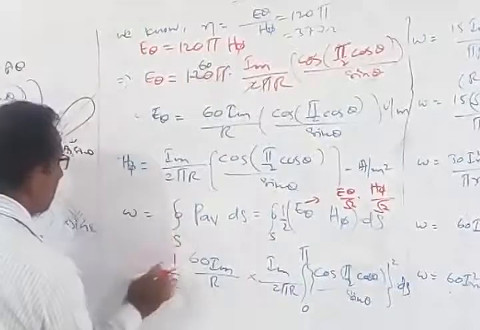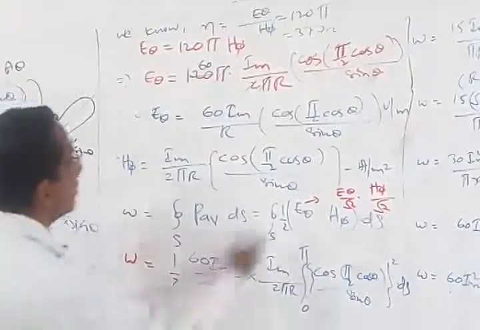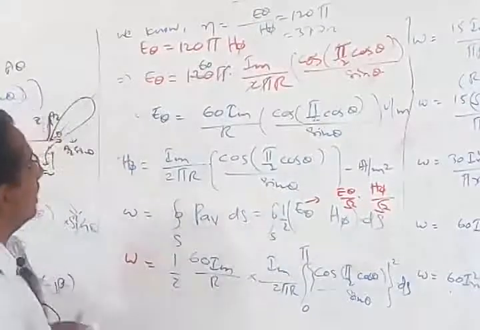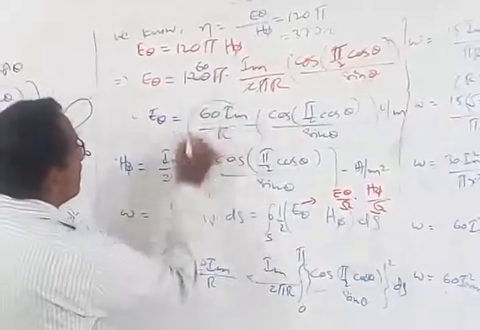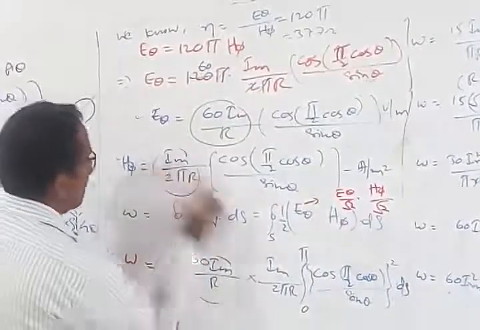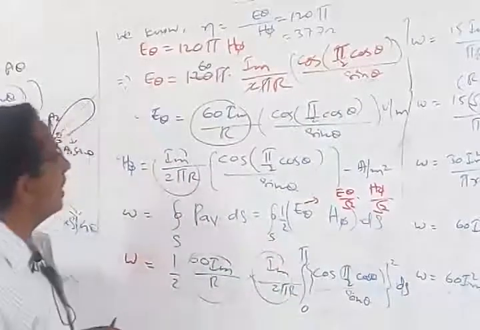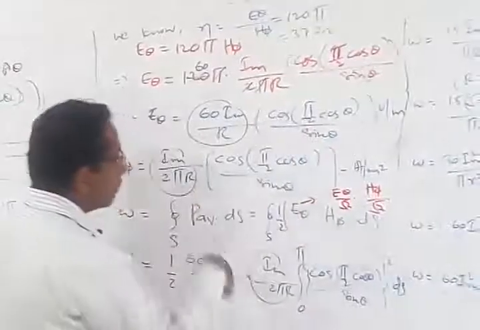So the equation we will have now is W equal to 1 by 2. This 1 by 2 is a constant, I will simply take it out, E theta H phi. In E theta and H phi, what are the constants we have? 60 Im by r is a constant, I will write it here. And next, Im by 2 pi r is a constant, I will simply put it over here. And the variable part is going to be this part now.